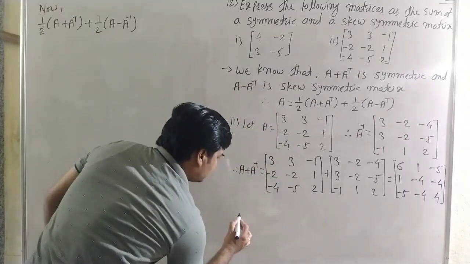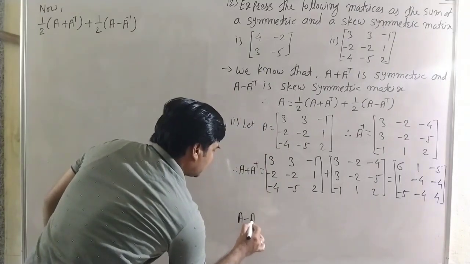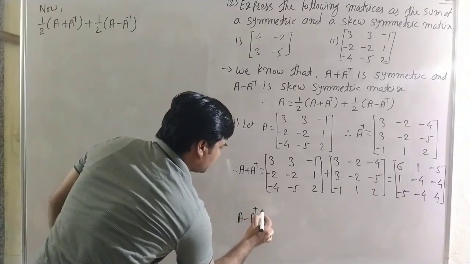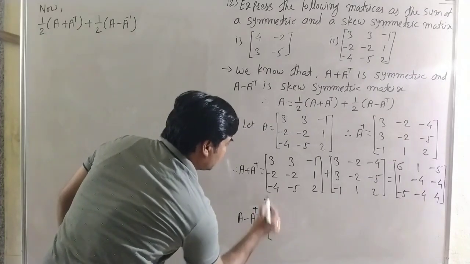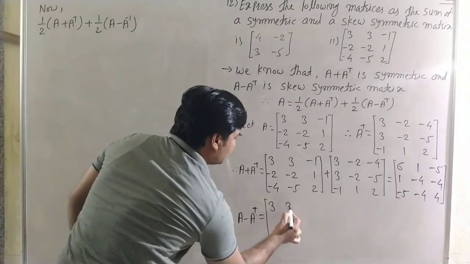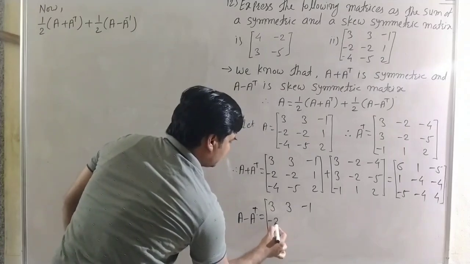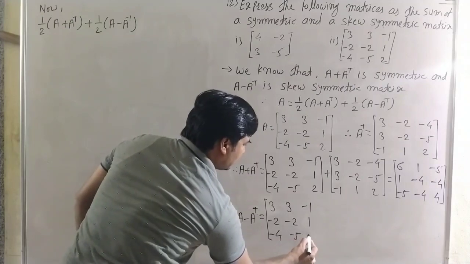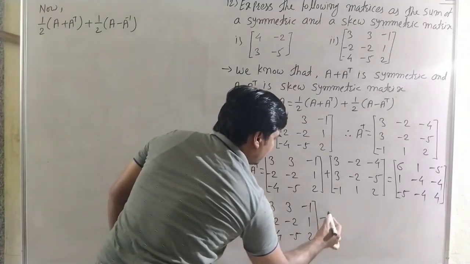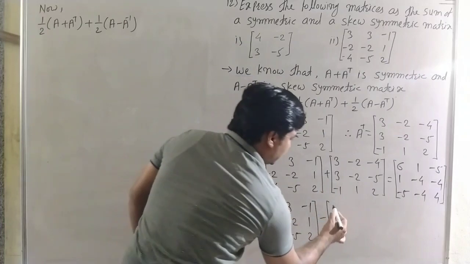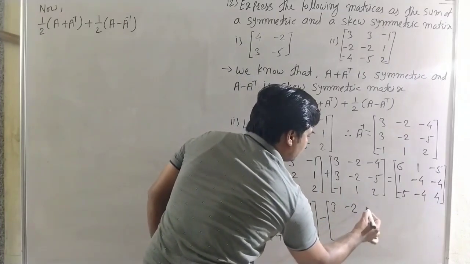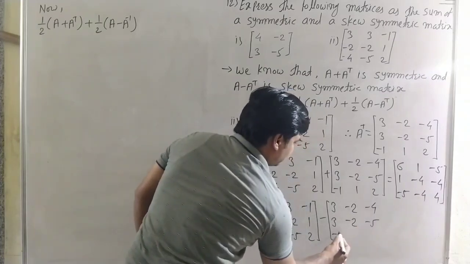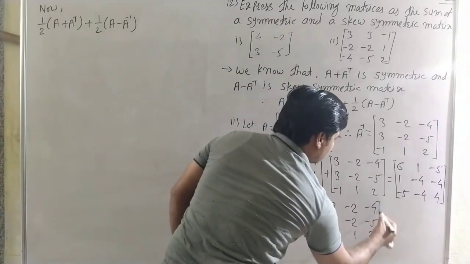Now we find A minus A transpose. A is 3, 3, minus 1, minus 2, minus 2, 1, minus 4, minus 5, 2, minus A transpose, 3, minus 2, minus 4, 3, minus 2, minus 5, minus 1, 1, 2.